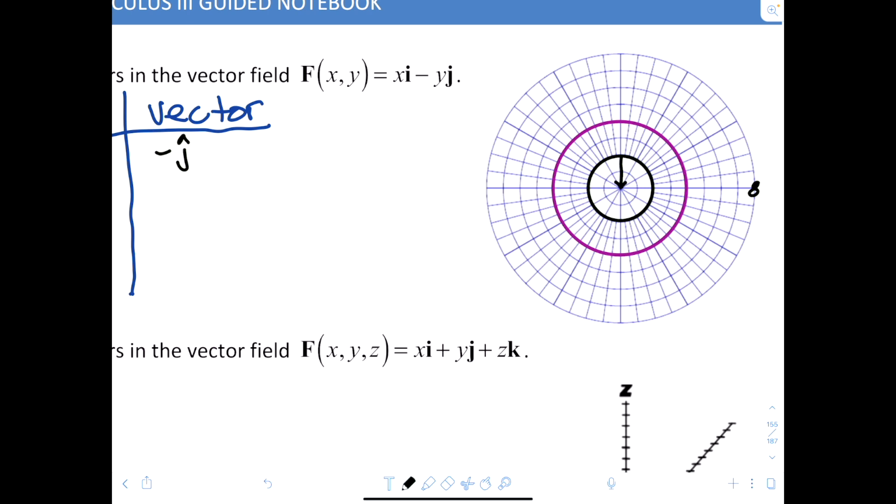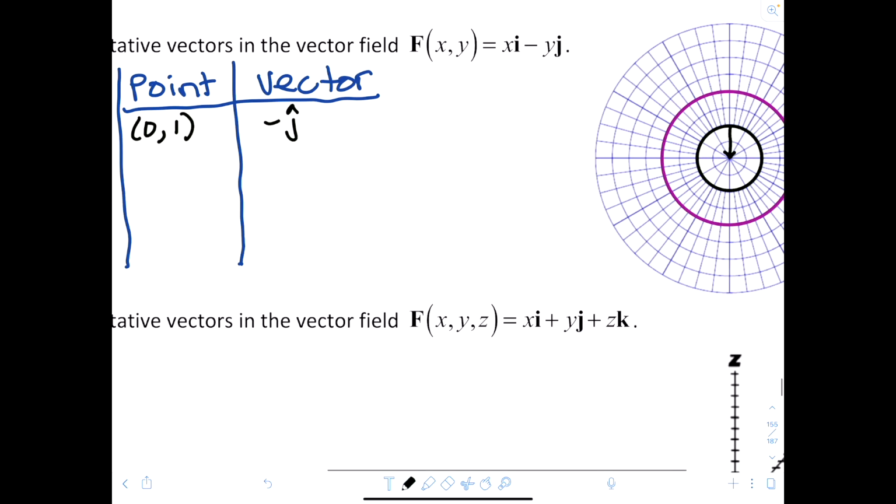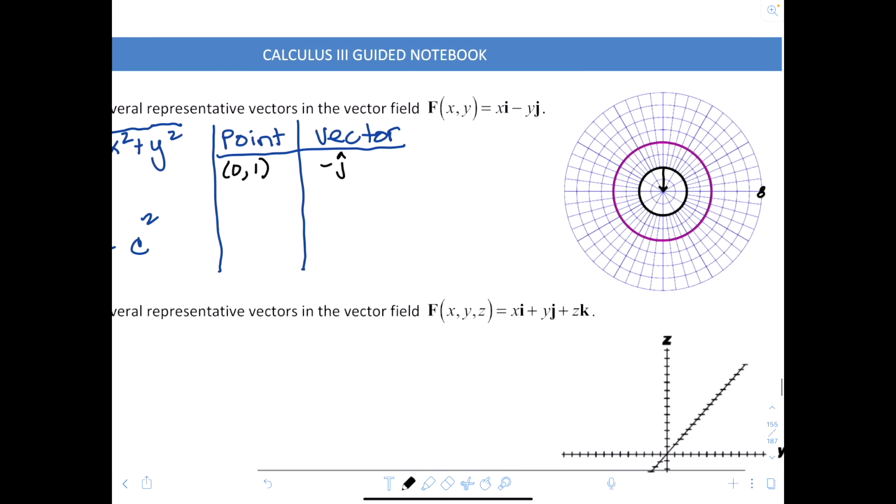Cool? And then for the point 1, 0, you would just have i, and so your vector would go like this. It would be length 1, and it would go out like that because it's positive.